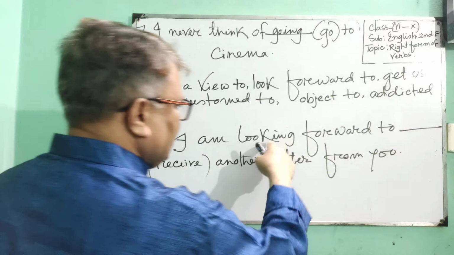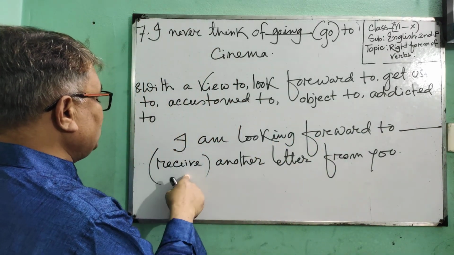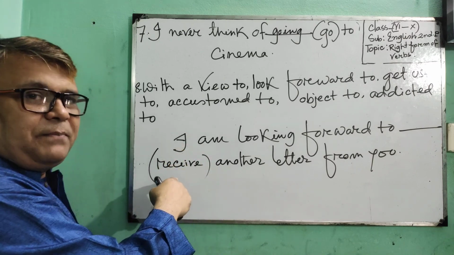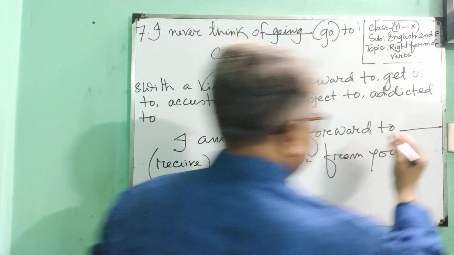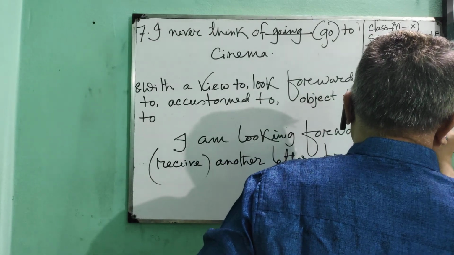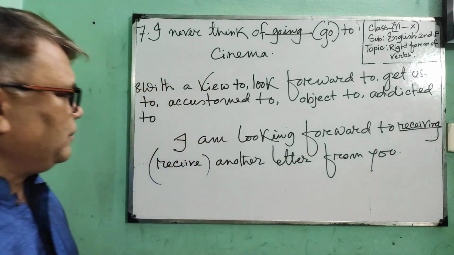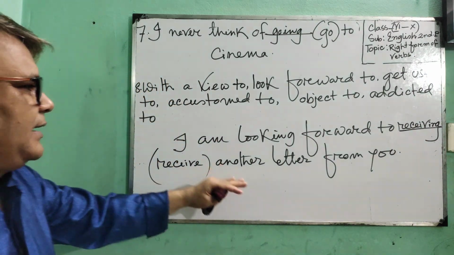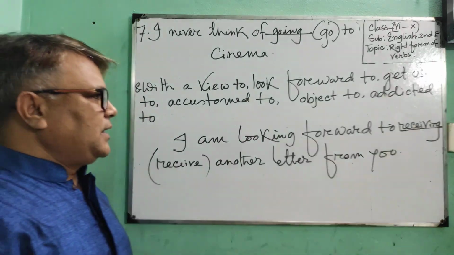So after looking forward to, I have found receive. This is the principal verb, so we have to make it gerund. That means receiving, R-E-C-E-I-V-I-N-G. So I am looking forward to receiving another letter from you. It's okay, my dear learners.